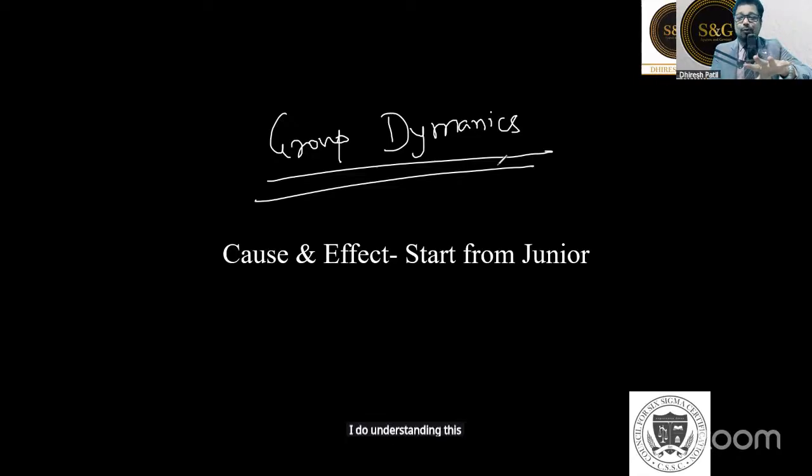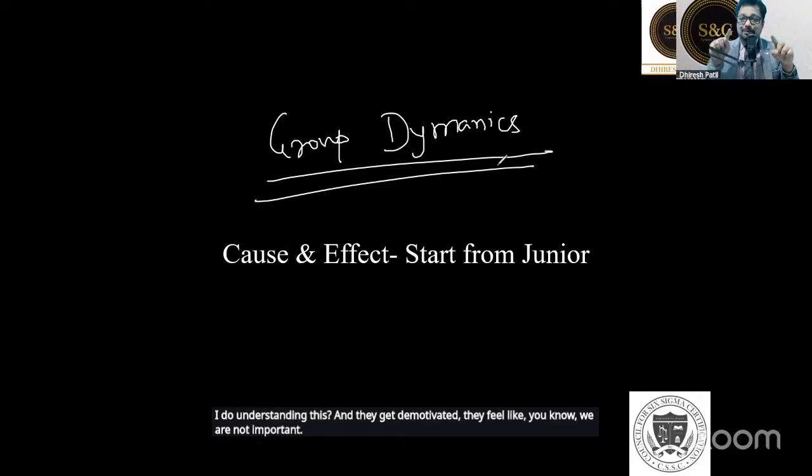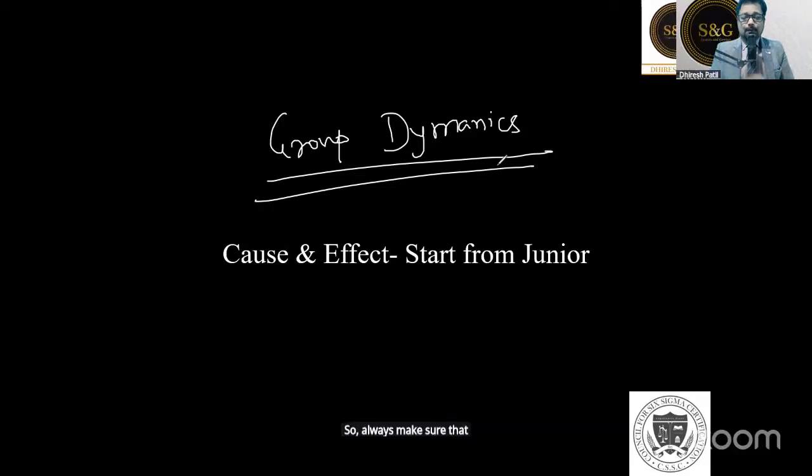And they get demotivated. They feel like, we are not important. So always make sure that the junior people's opinions and causes also are considered. I have seen surprising results with this. Okay, people give so many real causes which are important for us to understand.